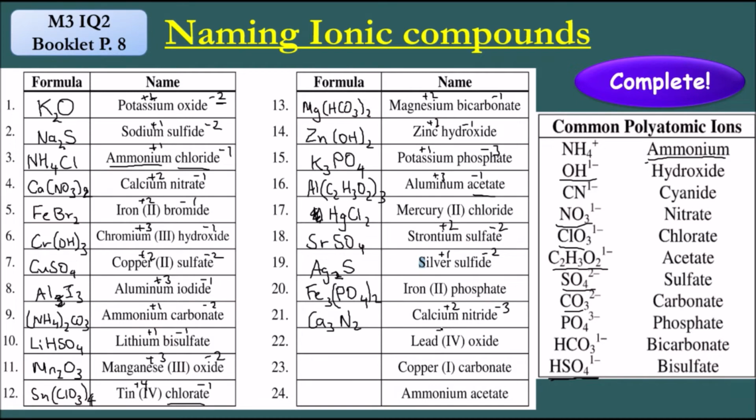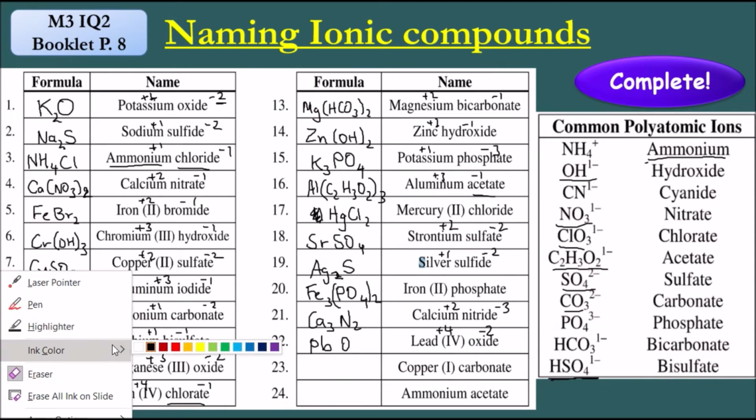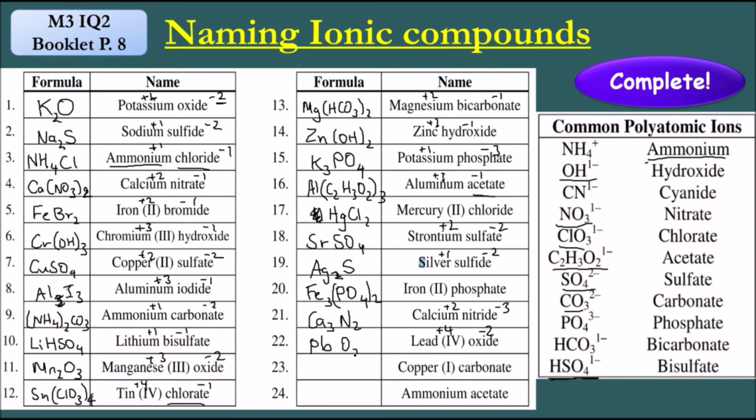Lead 4 plus, and oxide 2 minus. So the Pb, you can write as 2, and then you can write oxide as 4. That's one way, but the simplified version would be PbO2. Copper 1, carbonate 2, so it'd be Cu2CO3.